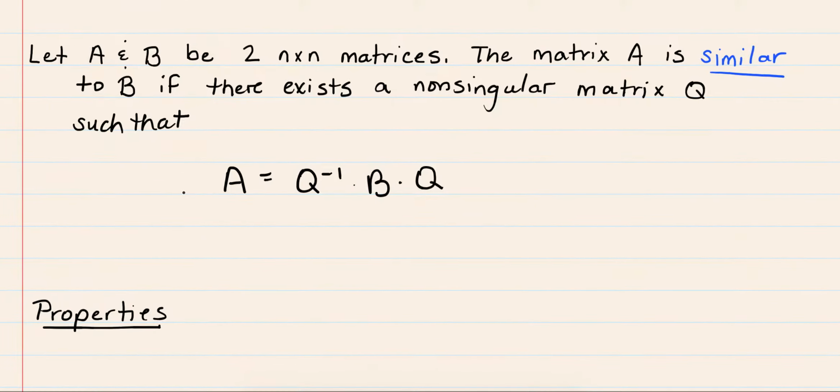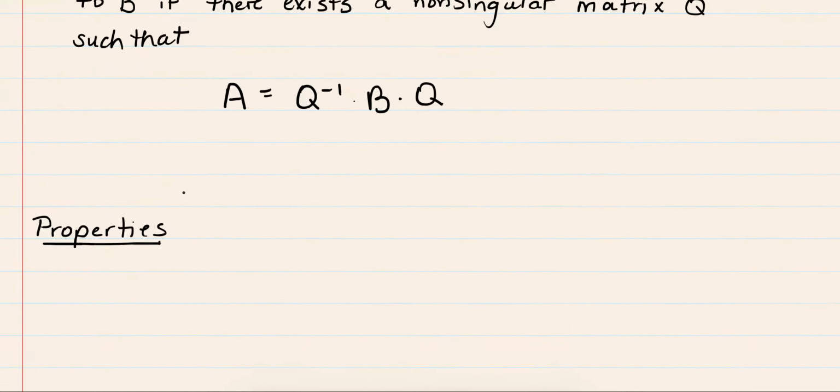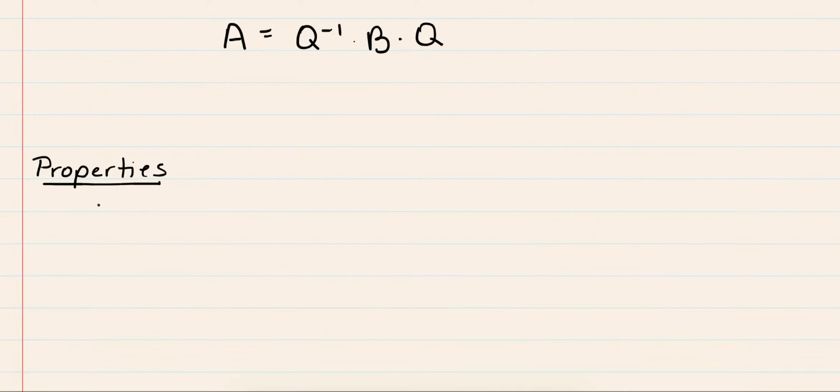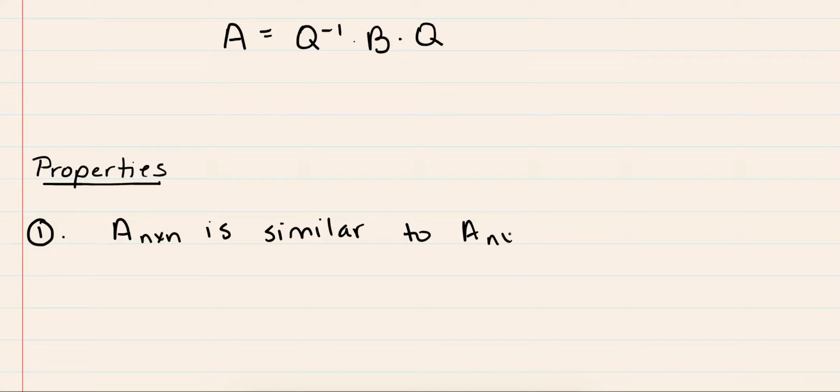Let's talk about some properties of similar matrices. The first property is that A is similar to itself. Why is that?